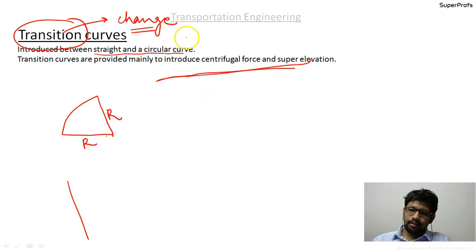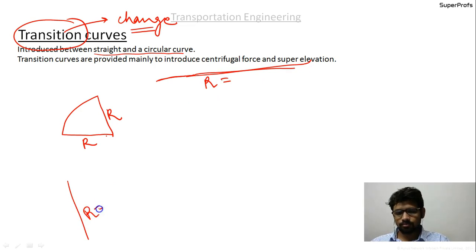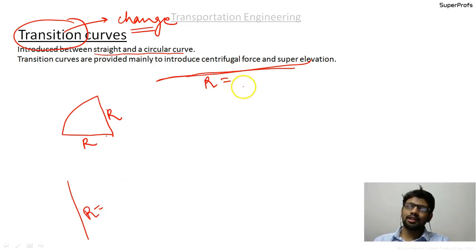Can anyone tell me what is the radius of a straight line? Yes, the radius of a straight line is infinity.